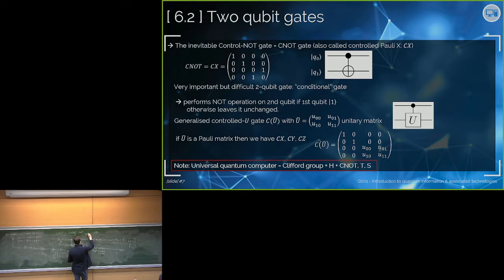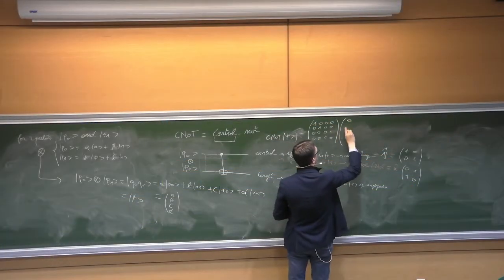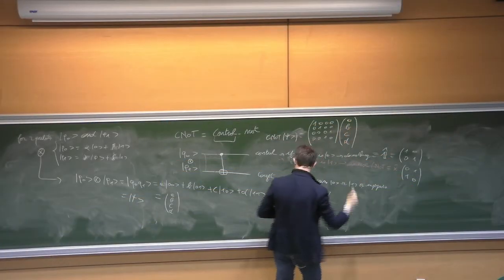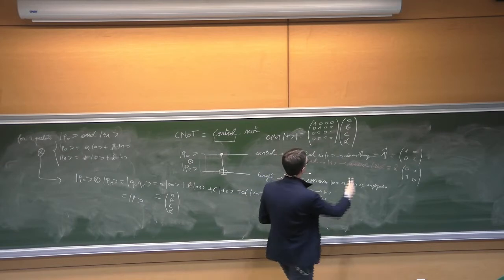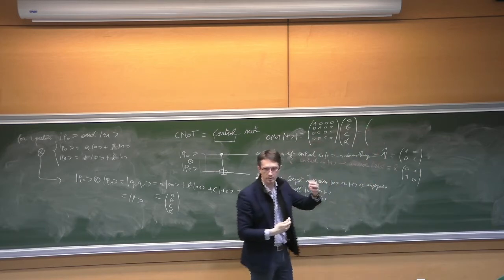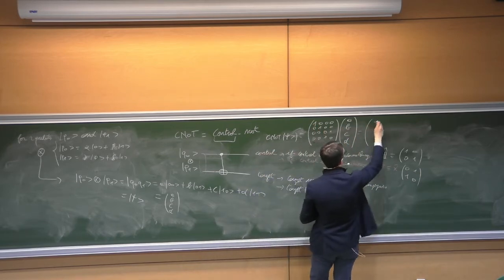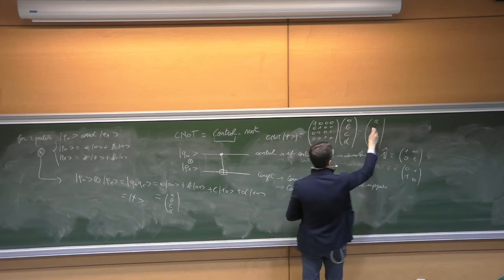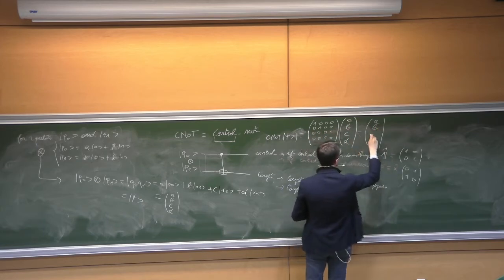C0 onto psi is going to be this matrix: 1, 0, 0, 0, 0, 1, 0, 0, 0, 0, 0, 1, and 0, 0, 1, 0, applied to A, B, C, and D from this 4-column vector. So here you go. What I obtain is a 4-column vector, and that's going to be A, and then B, and then D, and then C.